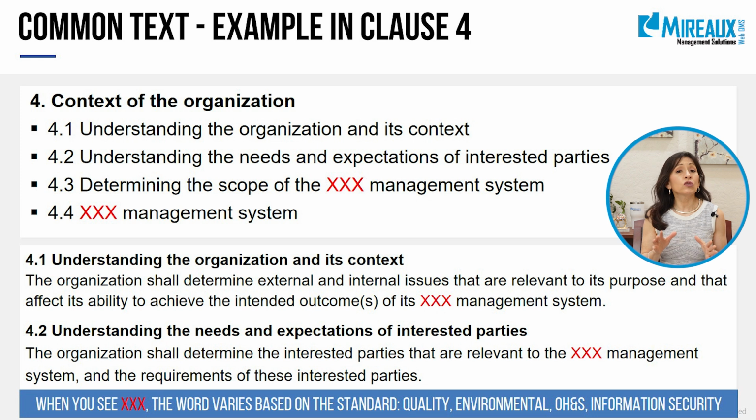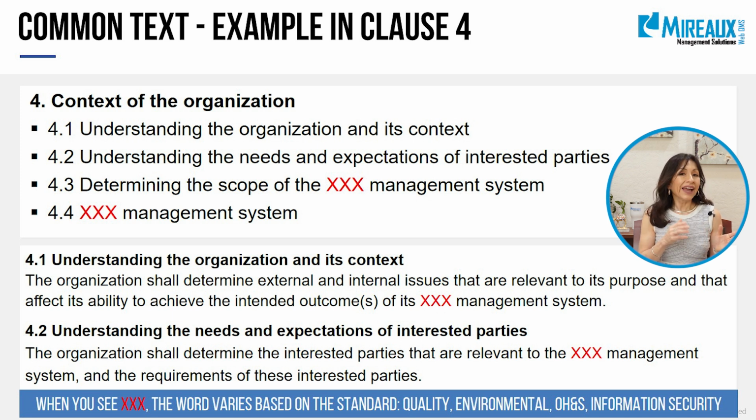These slides give you some examples of the common text within specific clauses. Slide 38, for example, in clause 4, context of the organization, subclauses like 4.1, understanding the organization and its context, and 4.2, understanding the needs and expectations of interested parties, have common core text.